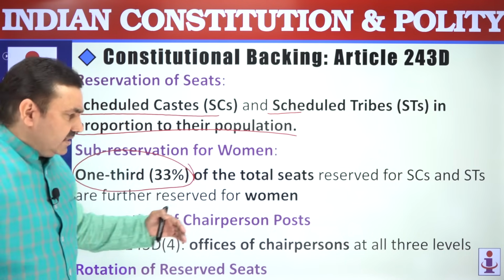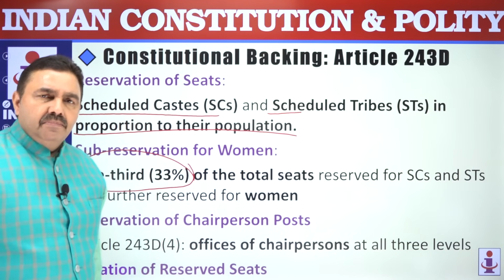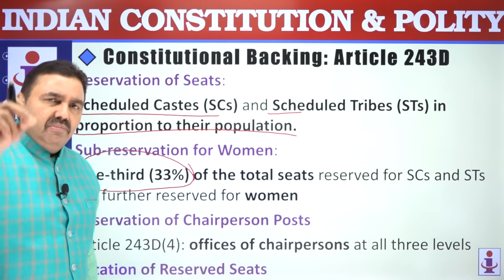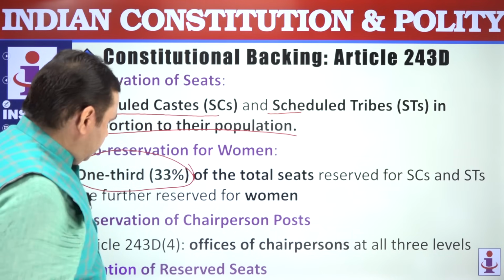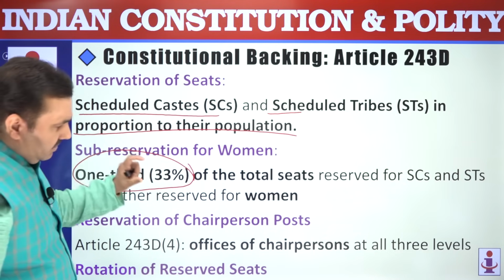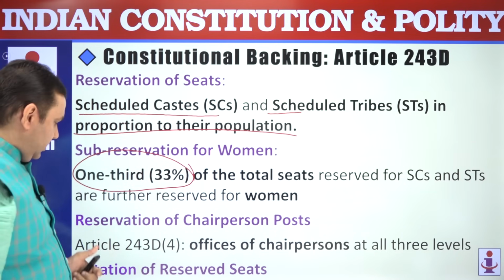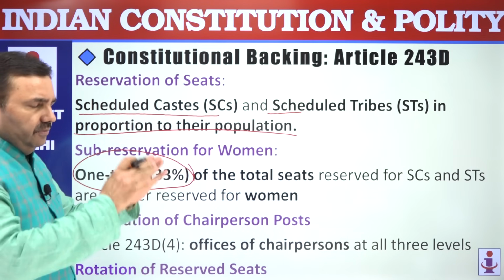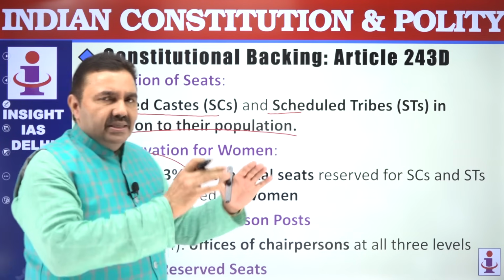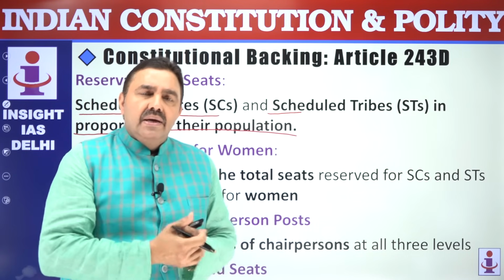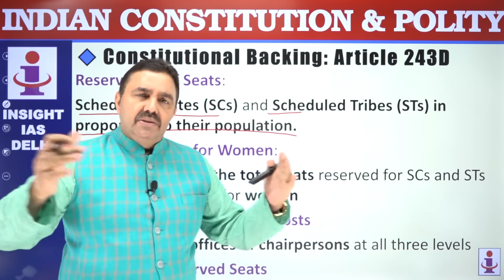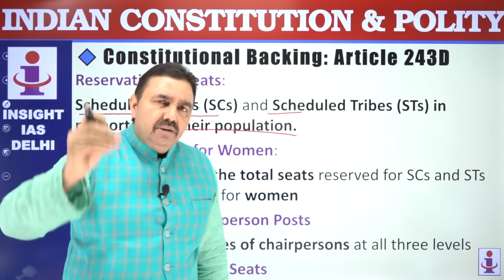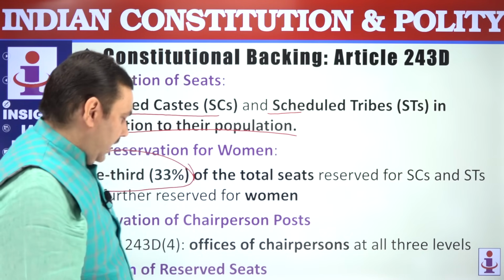Some states have given reservation to OBCs also. So OBC reservation is not a common thing, but some state governments have given reservation to OBCs in some cases, and you can use those references also. Reservation of the post of chairman: not only are the members of local bodies supposed to have diverse representation of different sections of the population, the chairmen also have to be from those diverse segments.